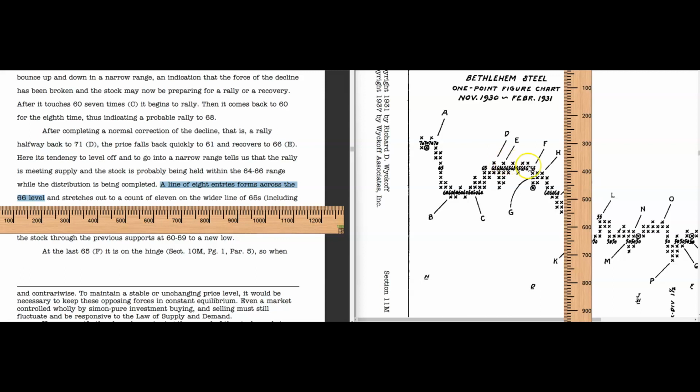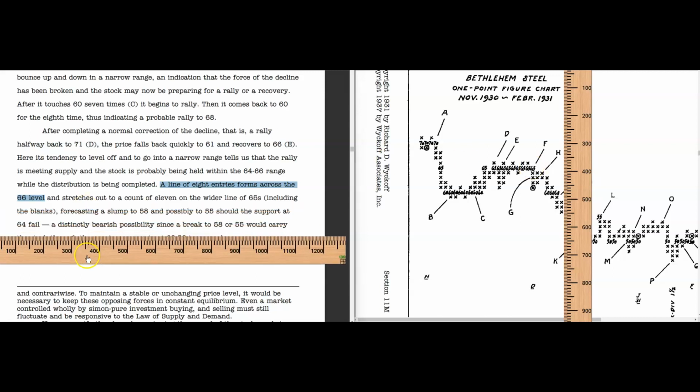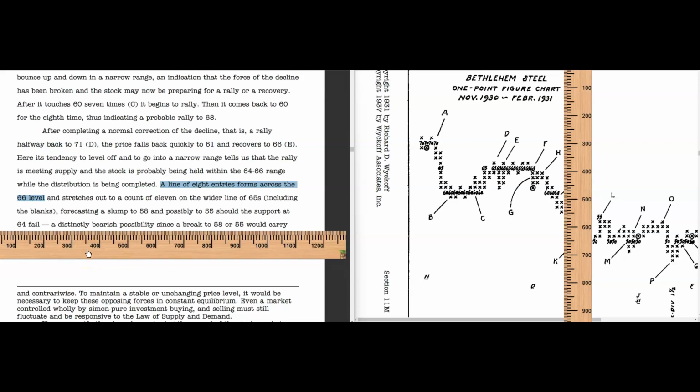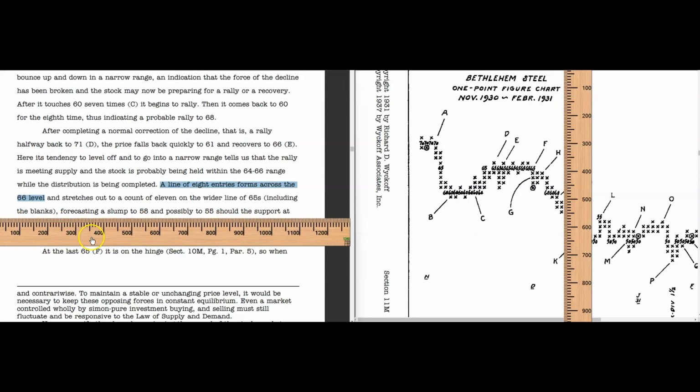It means that price is projected to go down 8 points from 66, which is 58. But if I use the line of 65s, I have 11. And if I project from that line, it can go down to 54. And what does it say here?